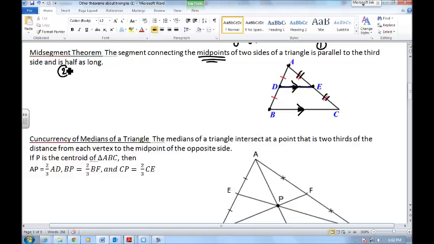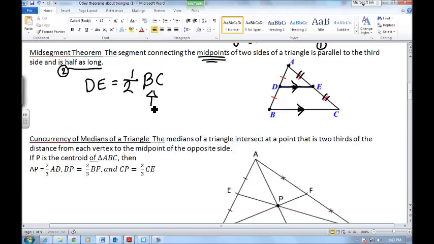So you should have read that the mid-segment is half as long, which means if I rephrase it, I would say DE is half of BC, correct? So I could say if I take BC and cut it in half, I get DE. Write that down, please, because you're going to have to do that on your homework.